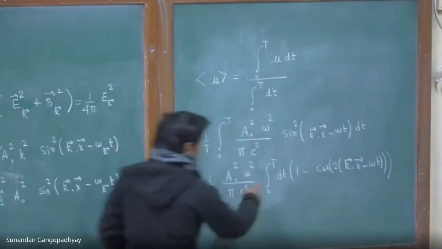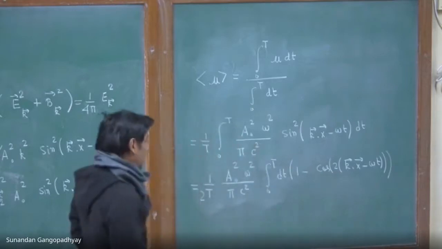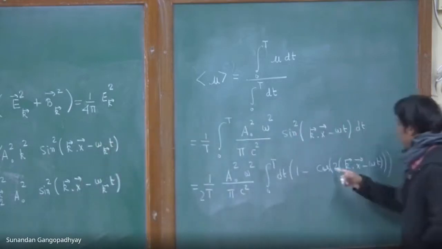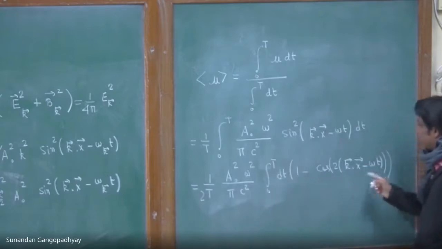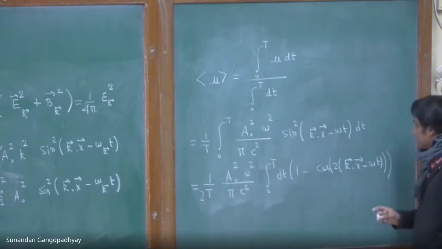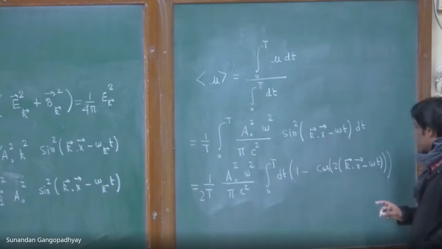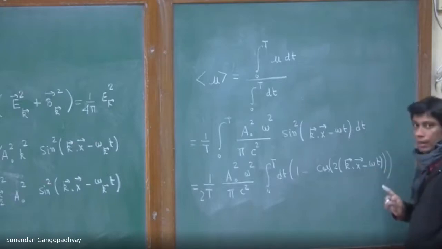And then you have to do this integral. This will give you a sine of 2 (k dot x minus omega t) divided by 2 omega, which is a constant, you don't need to worry about that.